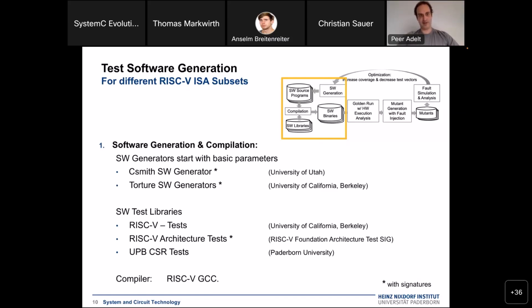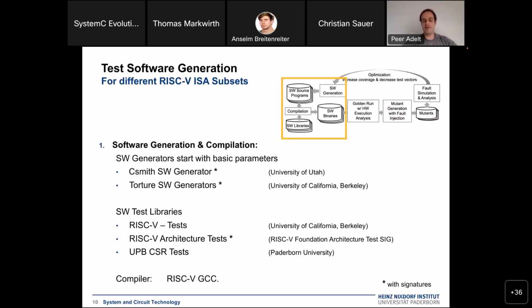The first is the set of RISC-V tests, which is a collection of assembly test programs released by the University of California, Berkeley, and now is managed by the RISC-V Foundation. Also, there are software tests from the RISC-V Foundation Architecture Test Group. They were formerly called RISC-V Compliance Tests.